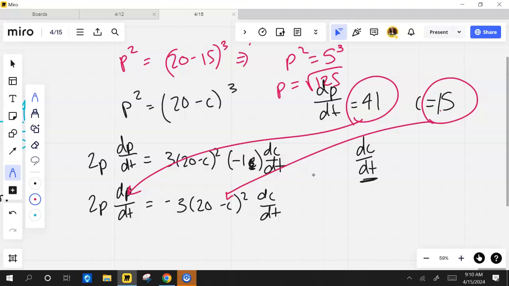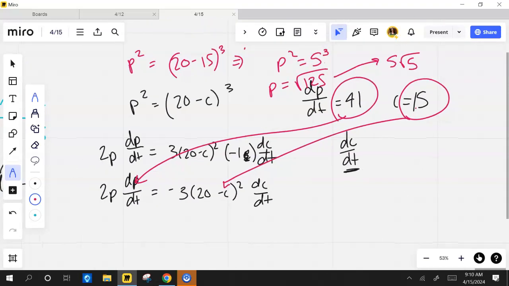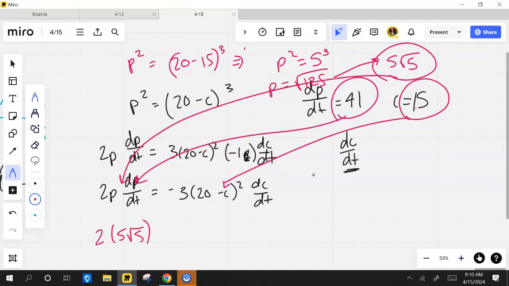And judging by how the answers are written, I went ahead and did this for my p. All right, and that one goes in also for p. So I have 2 times 5 root 5 times 41, and 20 minus 15 squared.